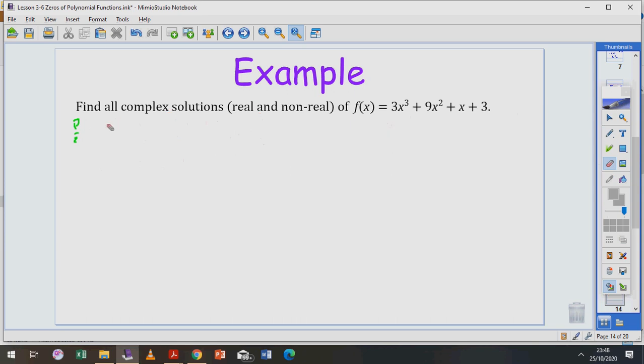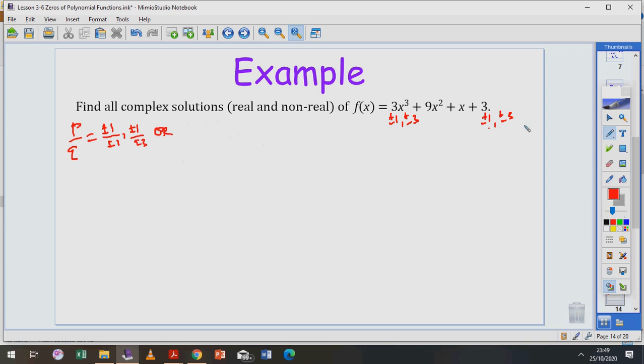Sorry, starting over. Rational zero theorem, p out of q. The factors of 3 are plus or minus 1, plus or minus 3. This is plus or minus 1, plus or minus 3. The combinations could be this with these two, which is plus minus 1 out of plus minus 1 and plus minus 1 out of plus minus 3.